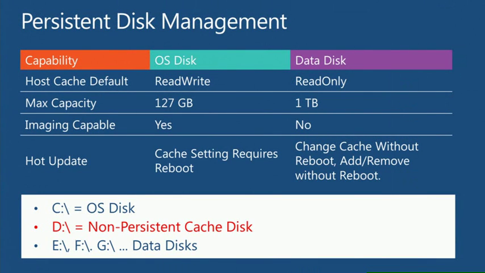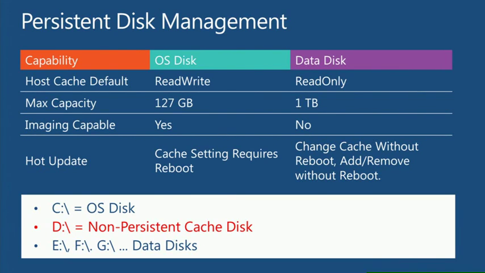All right. So a few concepts here. Once you land in the virtual machine, I wanted to make sure that you understand the difference between the OS disk, data disk, and the cache as well. By default, we give you a cache for your OS disk, and it has a read-write capability, particularly for OS.